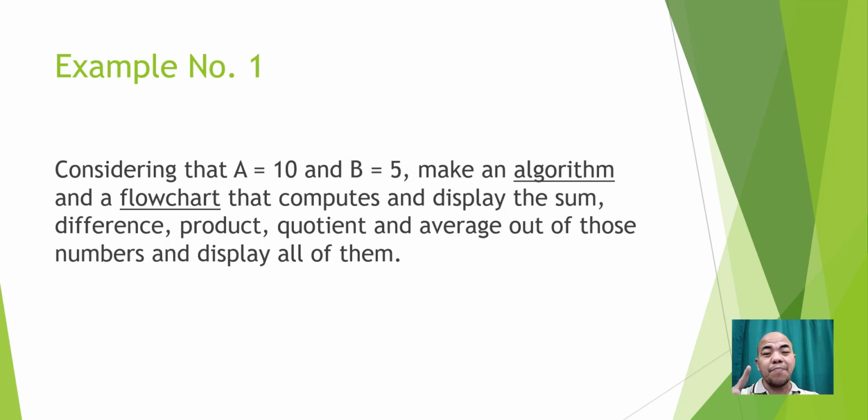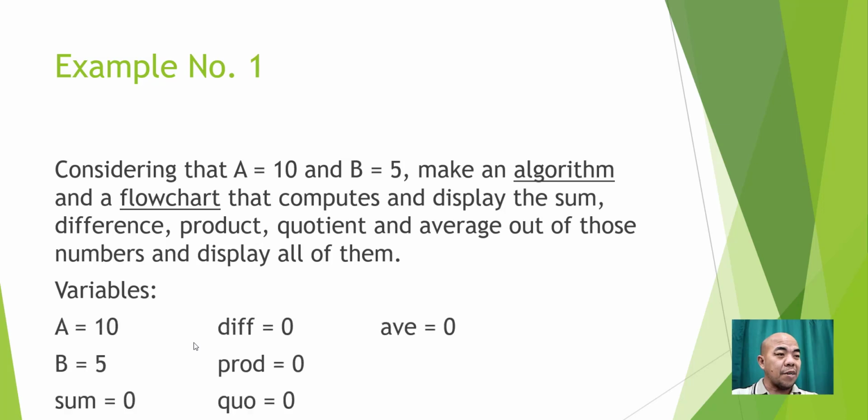In every problem, there should be a variable or variables. Here, I have identified some of them, and these are variable A, which is equal to 10, B, which is equal to 5. Then we have the sum, difference, product, quotient, and average. So these are the variables in problem number 1.